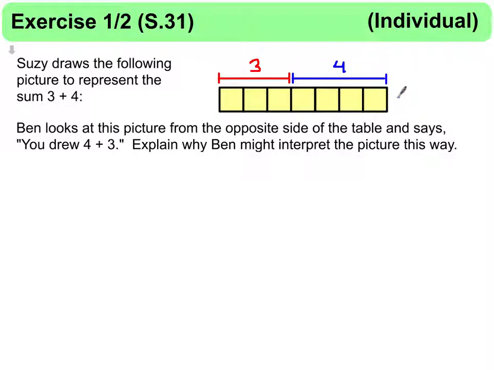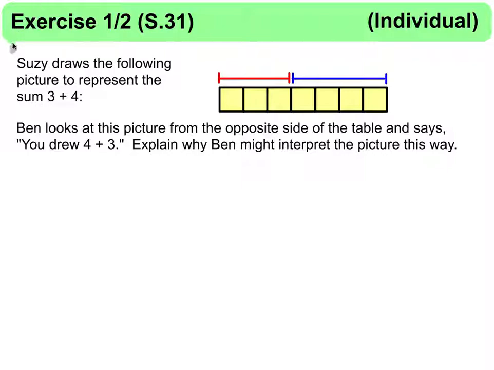Ben's sitting over here and says, well, you drew 4 plus 3. The teacher is going to ask the students, why might Ben interpret the picture this way? From Susie's perspective, she drew 3 boxes and then 4 boxes. But from Ben's perspective, he sees 4 boxes and then he sees 3 boxes.